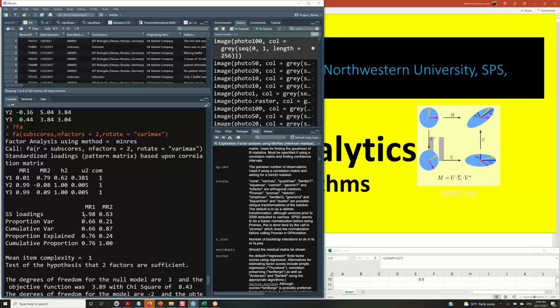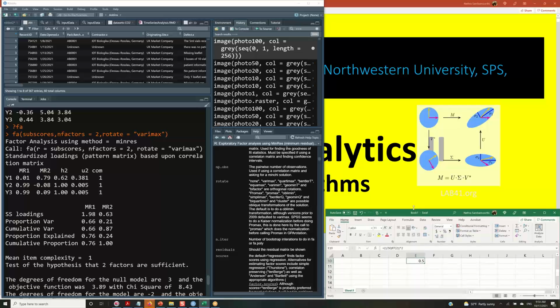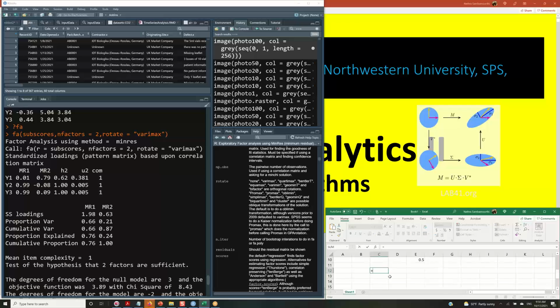So here the communality is 1.98. That is the sum of squares of this plus the sum of squares of this. If you square these things, the sum of squares of this, you'll get this. Are you with me? Yes, sir. Okay, you can just check it out, for some fun calculation if you want. So let us see them.